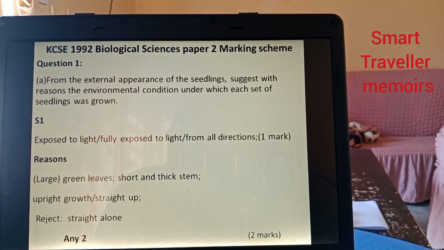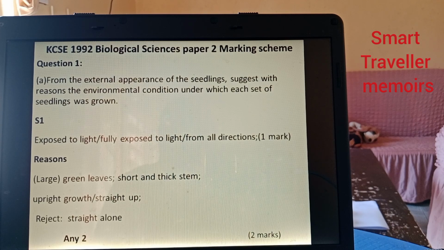So let's come to the marking scheme. In question 1, from the external appearance of the seedlings, suggest with reasons the environmental condition under which each set of seedlings was grown. S1 was exposed to light, or fully exposed to light, or light from all directions, you get a mark.